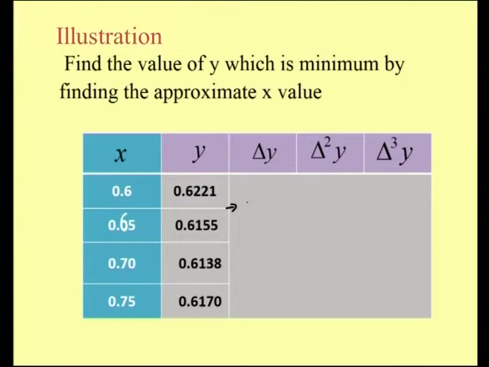Del y is 0.6155 minus 0.6221, which gives minus 0.0066, then minus 0.0017, then 0.0032. Then del square y is 0.0049 and 0.0049, and del cube y is 0.